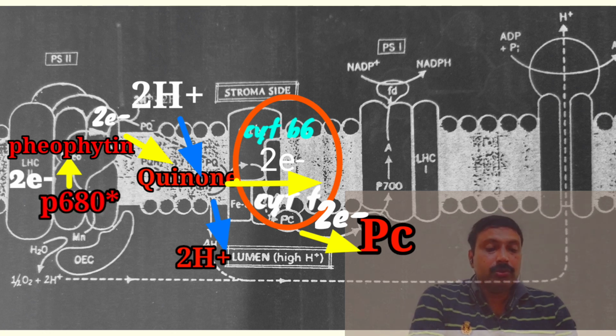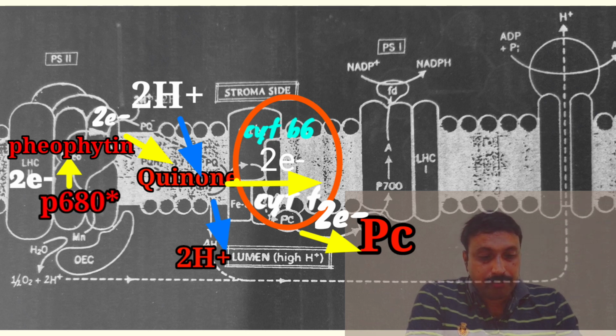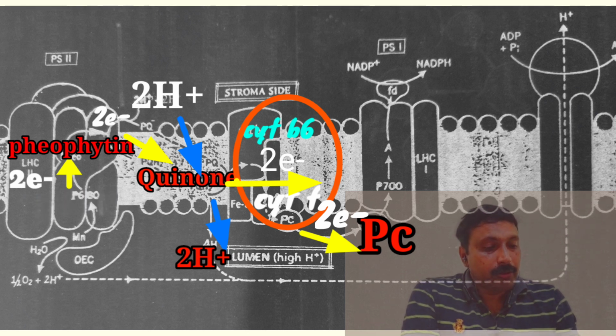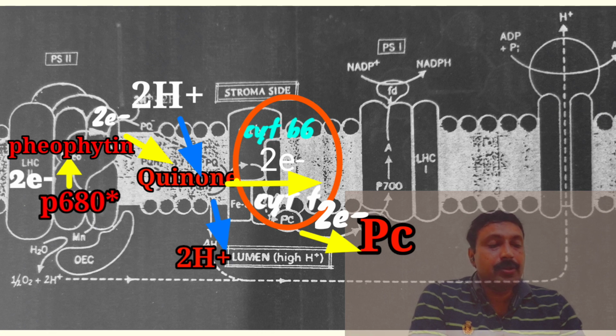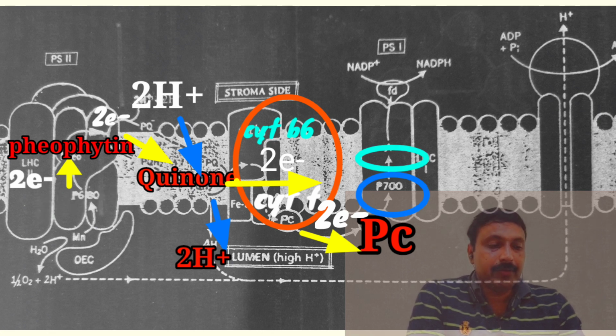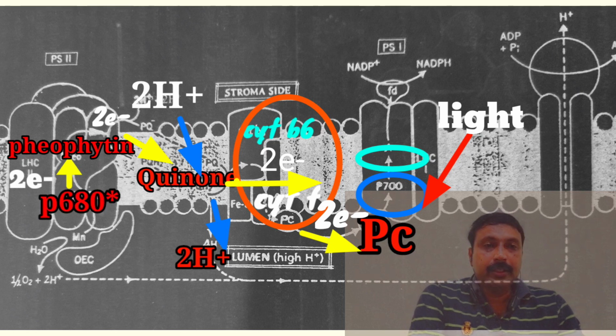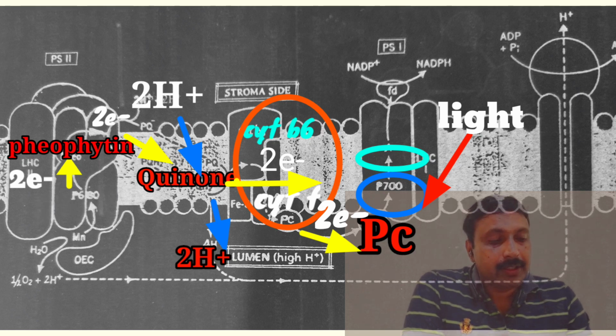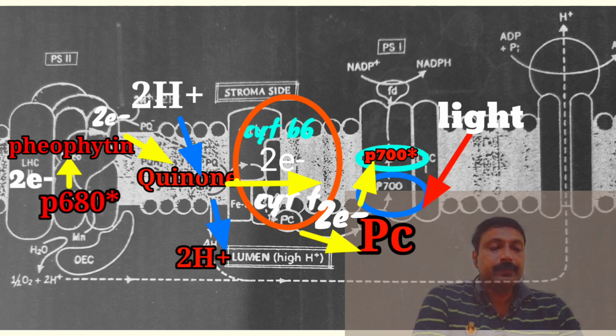Like photosystem 2, in photosystem 1 also the antenna absorbs the light energy and transfers it to the reaction center.